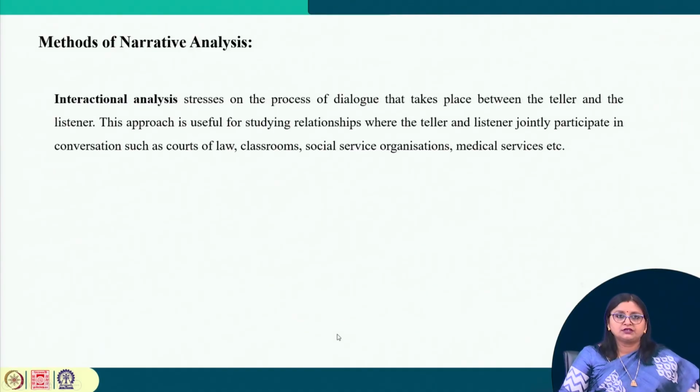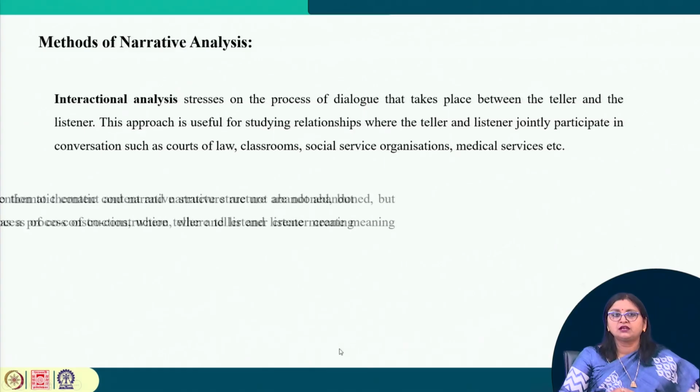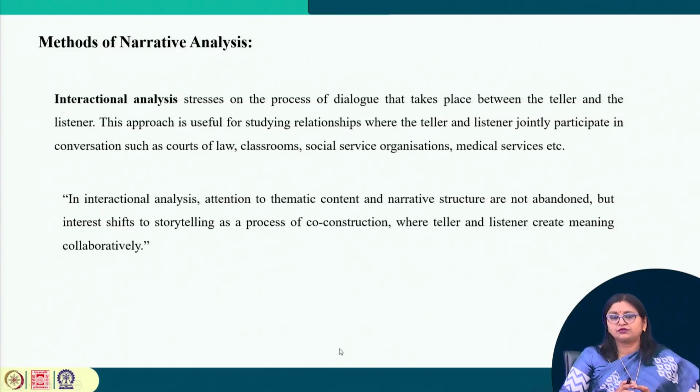The third type is interactional analysis. It stresses the process of dialogue that takes place between the teller and the listener. This approach is useful for studying relationships where the teller and the listener jointly participate in the conversation, such as courts of law, classrooms, social services, organizations, medical services, or any other place where the researcher or the listener or the teller is jointly participating.